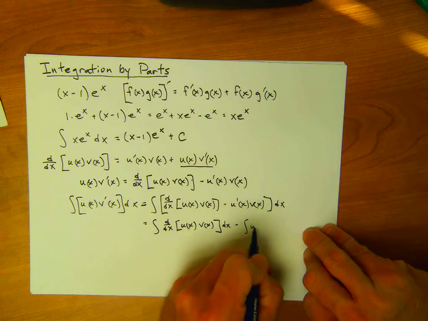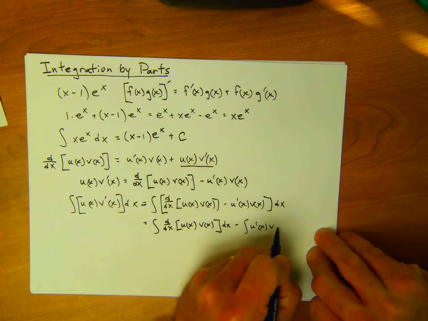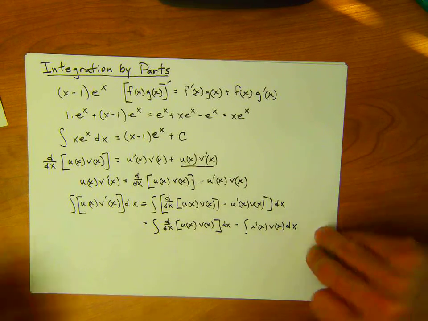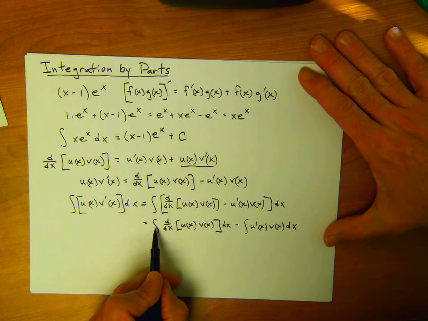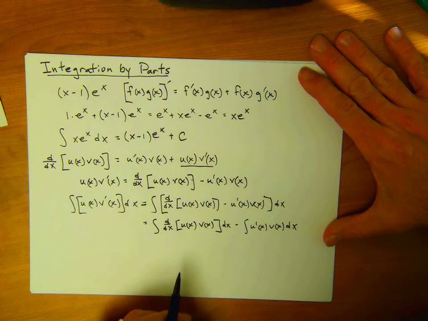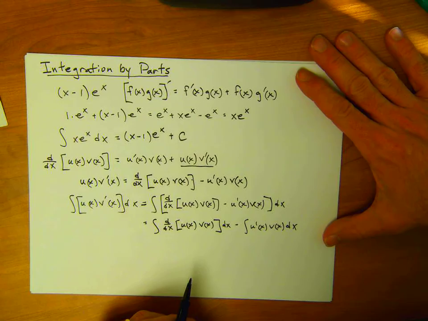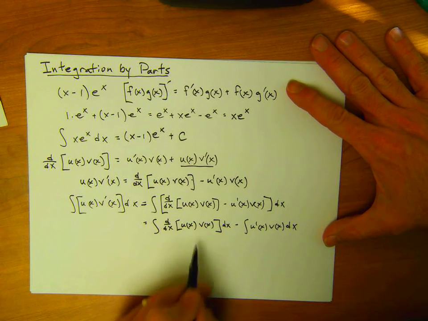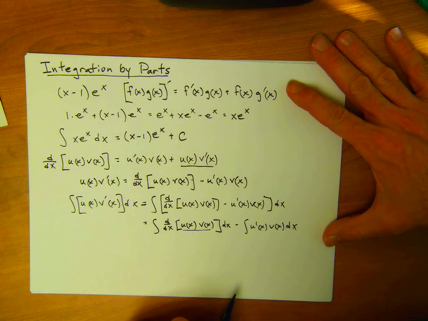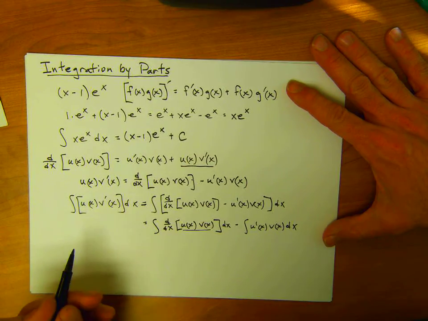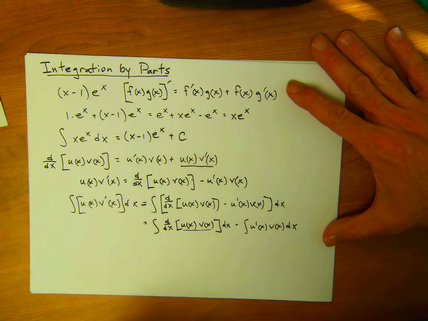Now I have the u prime of x, v of x, dx. But notice here, I'm taking the antiderivative of the derivative. So by the second part of the fundamental theorem of calculus, we know that just gives us back this function right here, right? That differentiation and integration are inverse operations. They undo each other.